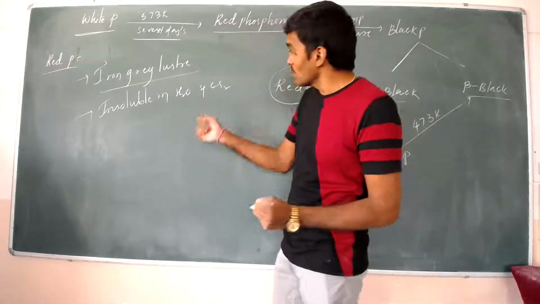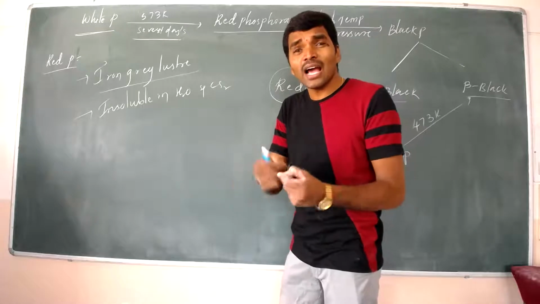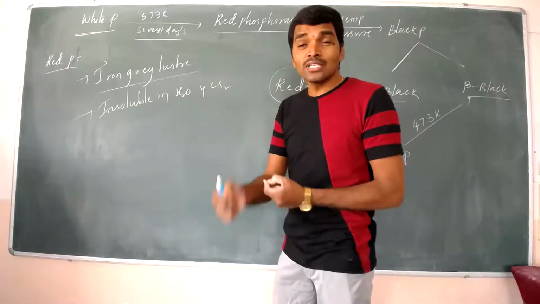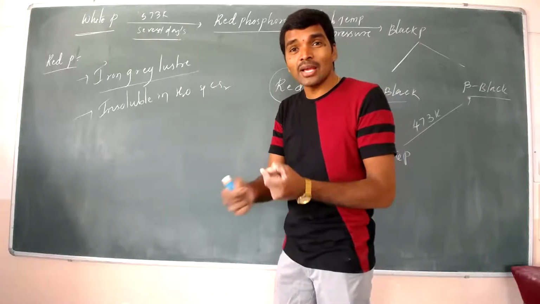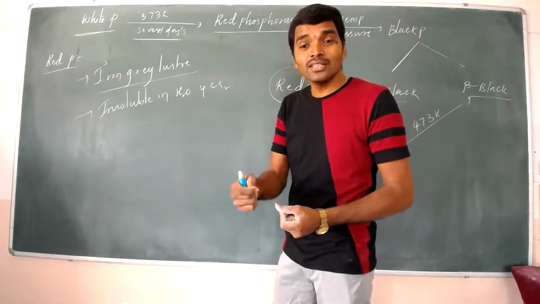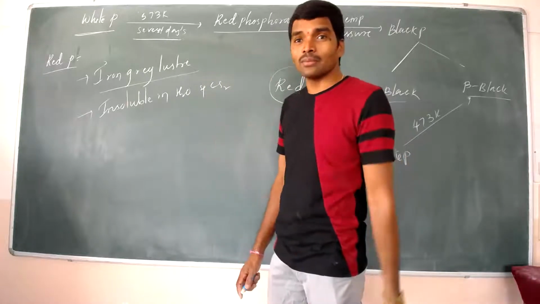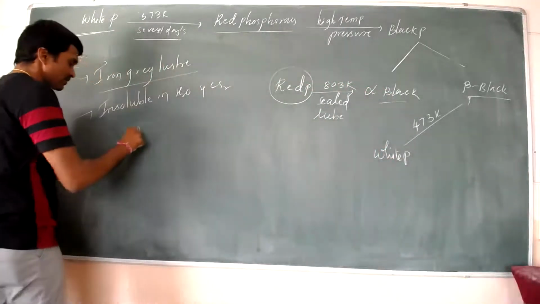And it exists in discrete tetrahedral shapes. Those discrete tetrahedral shapes are arranged in polymeric form. See, like this.